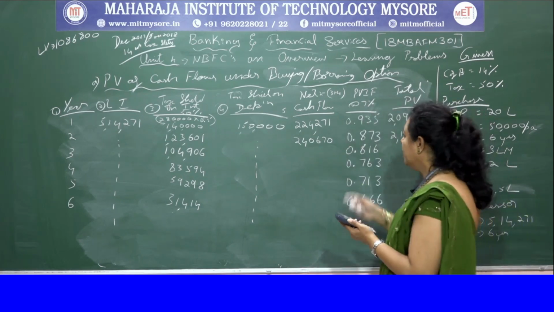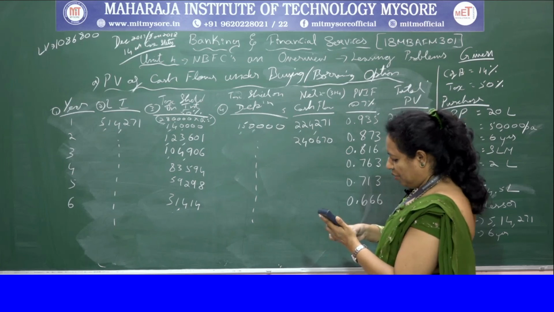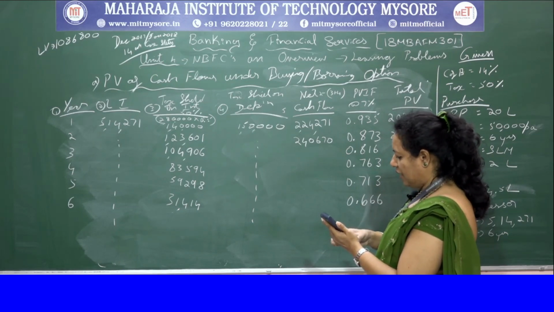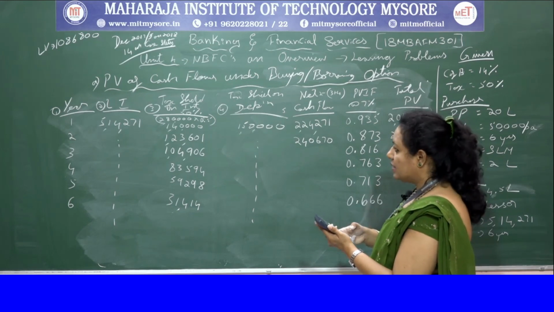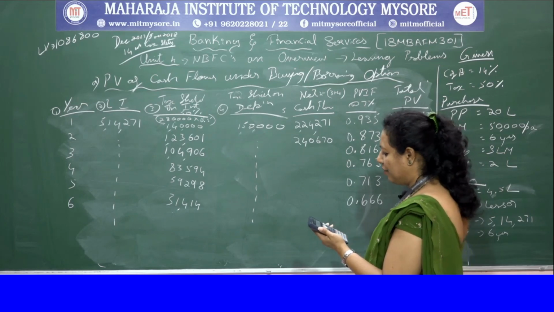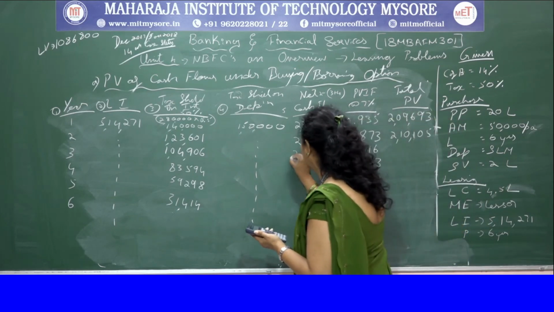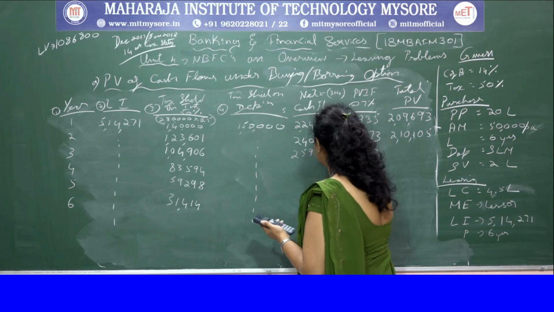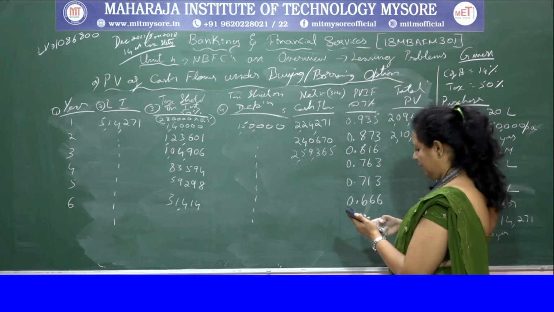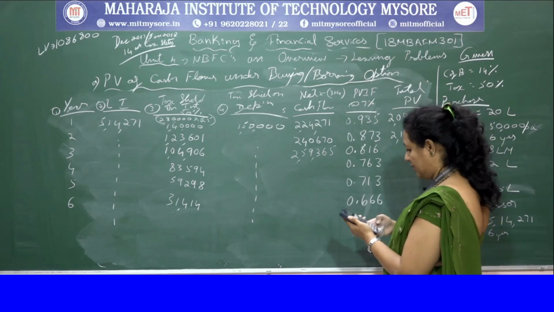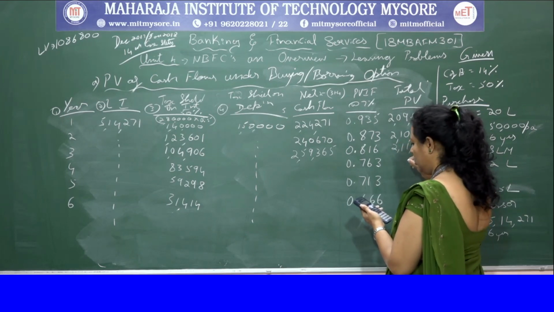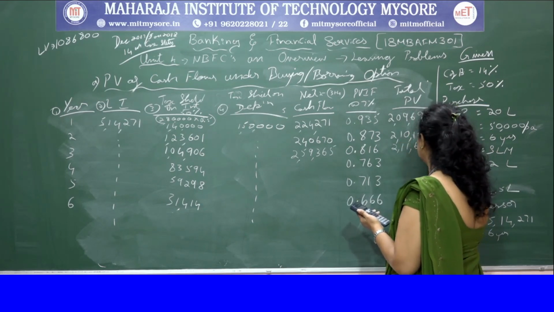It's quite small. Okay. Next, third year we had to do 1,04,906 plus 1,50,000 minus 5,14,271. So 2,59,365. 2,59,365 into 0.816, you get 2,11,642.